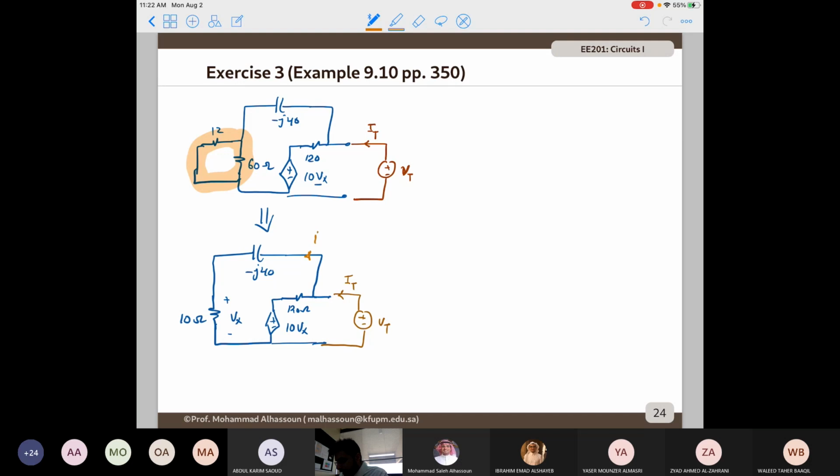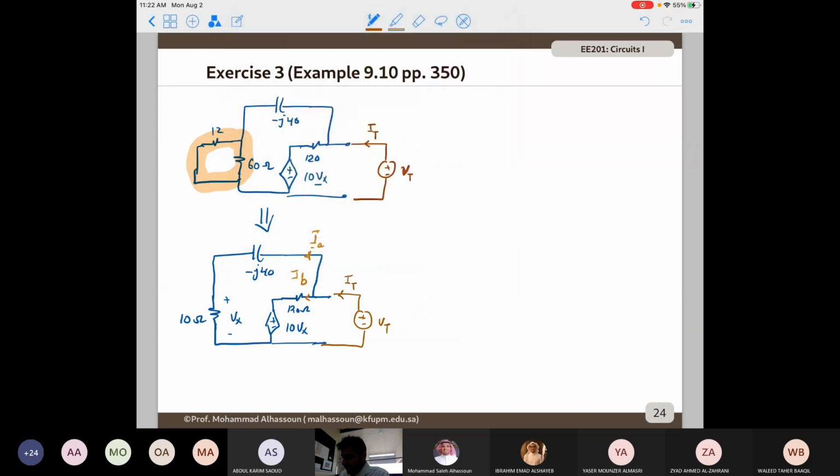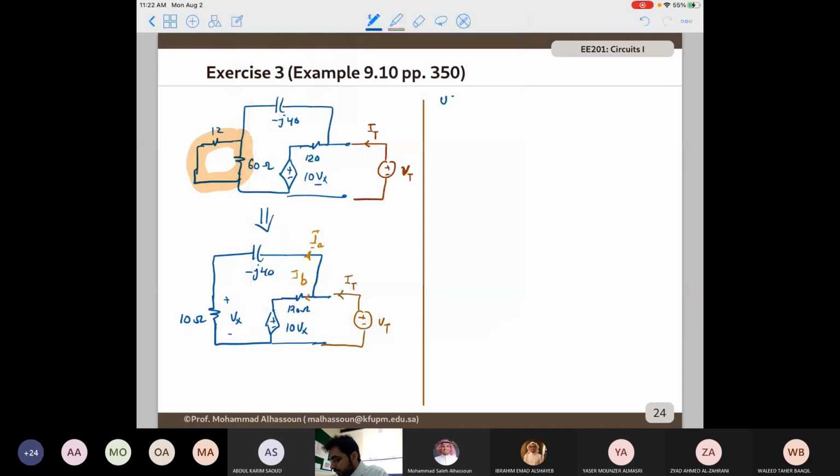If I call this one IA and this one IB, then using KCL, the test current IT is going to be IA plus IB.